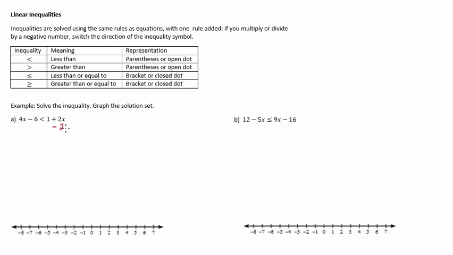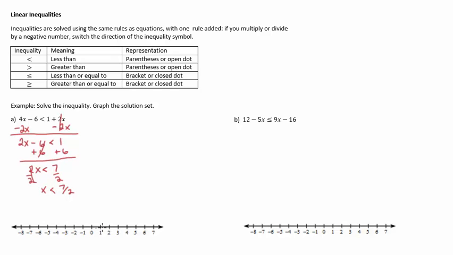So this is a situation where we would have moved to the left anyway, giving us 2x minus 6 is less than 1, and we add 6, 2x is less than 7, then divide by 2, x is less than 7/2.